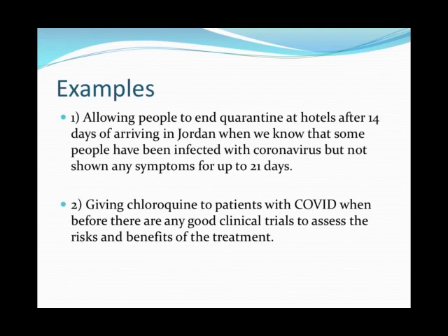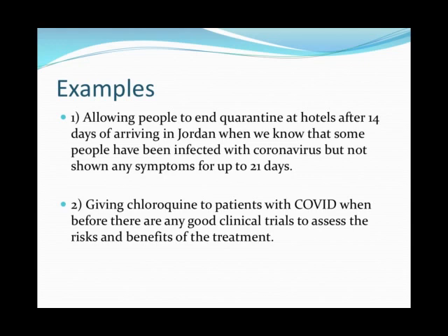So some examples I have for you. You tell me. One thing that we've been doing recently in Jordan is allowing people to end the quarantine at hotels, like people that are coming back to Jordan.